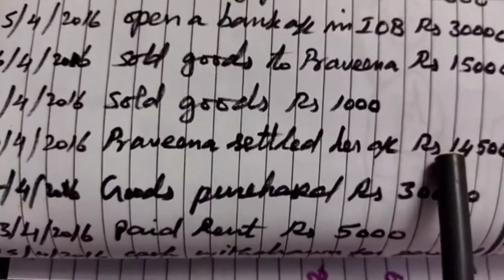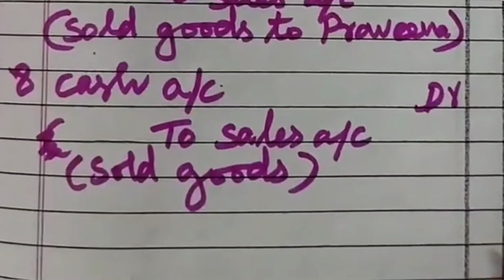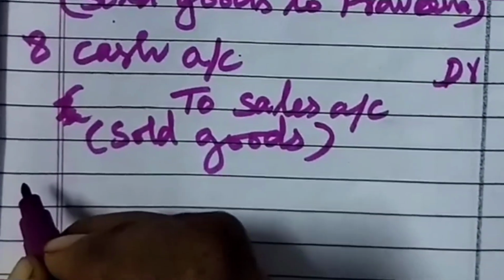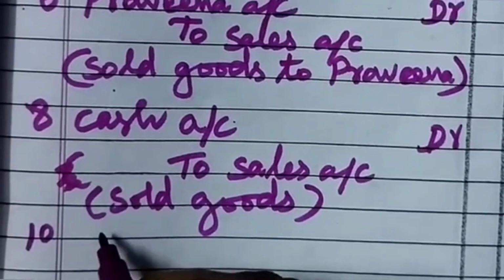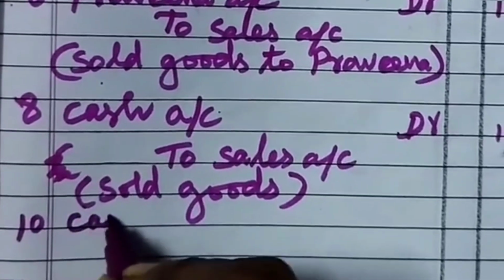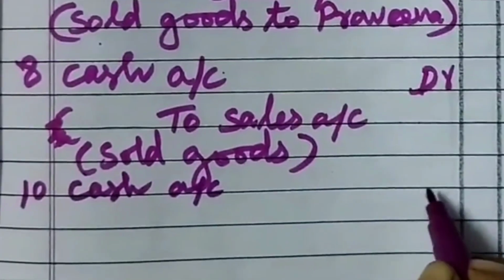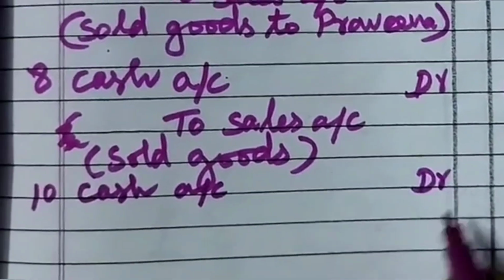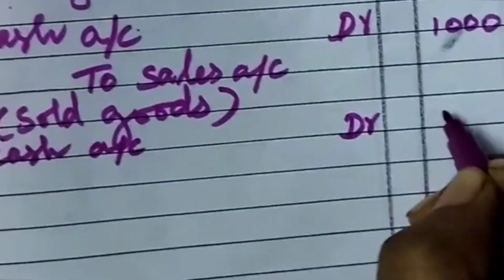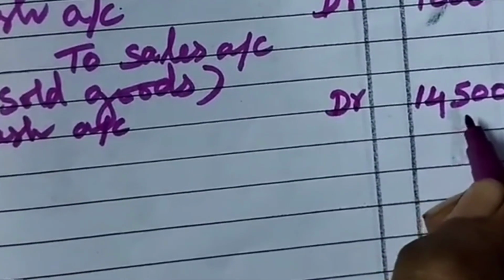So we have to prepare the journal entry for this one. What is the date? 10th April. So we have to write 10 here. As per real account, debit what comes in. So cash account should be debited. So DR, short form we are writing DR. Then amount, what is the amount? Only 14,500 we received.